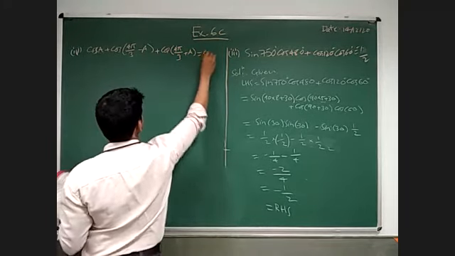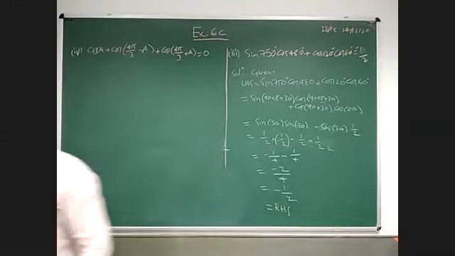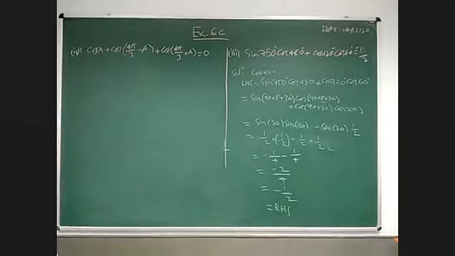So here we have to prove, what we have to prove? We have to prove that cos A plus cos 4 pi by 3 minus A is nothing but cos A plus B. So here we have cos A plus B and cos A minus B.